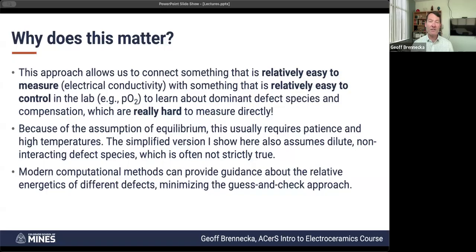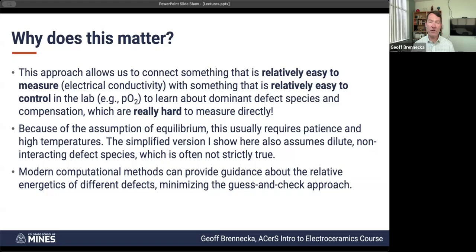So if our sintering process and our densification end up being limited by the oxygen diffusion, well, an easy way to change that is to change the concentration of oxygen vacancies, because that will change the diffusion rate. Well, how do we know if it's oxygen vacancies that are really dominant in a certain scenario?